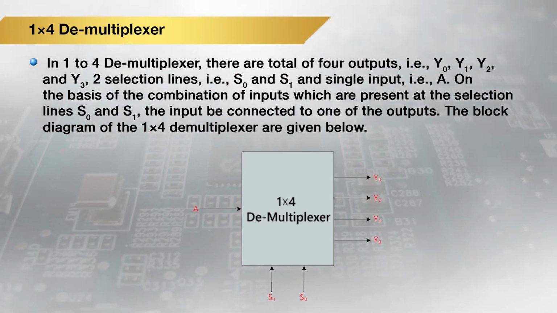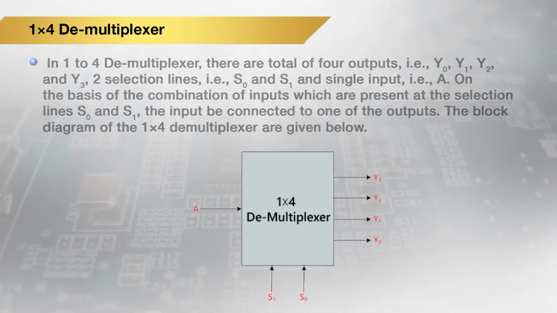The two selection lines are S0 and S1, and as the demultiplexer has only one input, there is a single input line A. On the basis of the combination of inputs present at the selection lines S0 and S1, the input will be connected to one of the outputs.